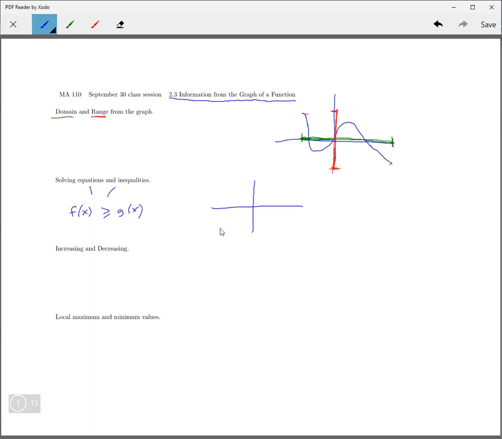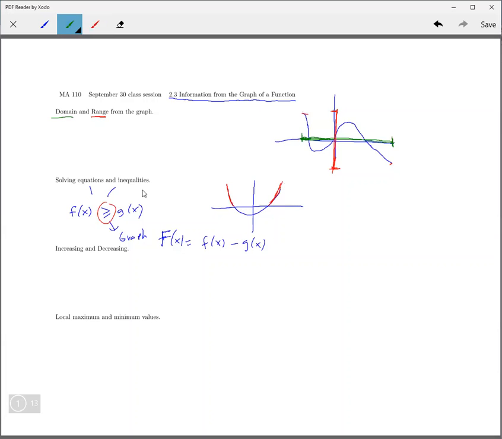Okay, so what you could do is graph the difference between those two, and maybe form a new function, which would be the difference between those two. Graph that function, and let's say it looks like that. And then your solution would be everything right here.